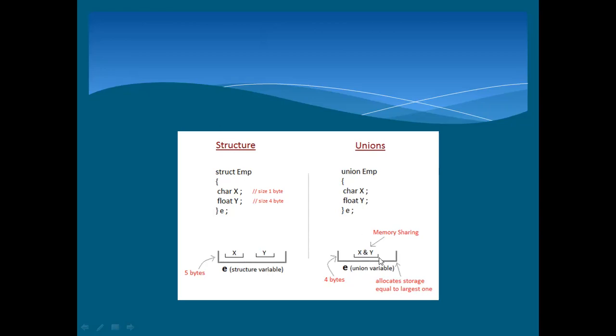But in the union, we have only one memory location. That means we can store either X value or Y value only at a time. But in the structure, we can store the X value as well as the Y value because they have their own separate memory locations. But in the union, we have only one memory location, so we can store either X or Y value only.